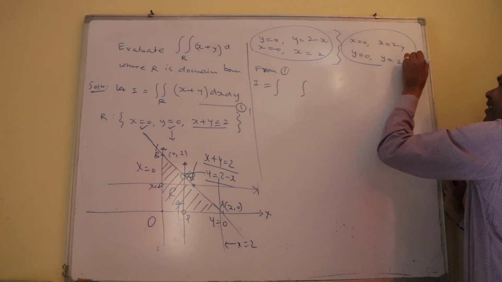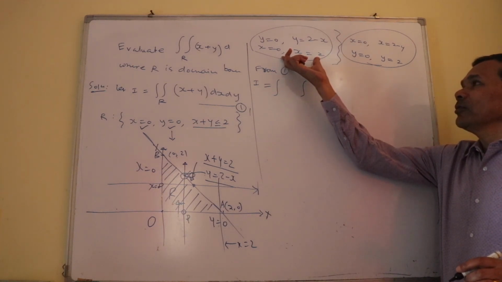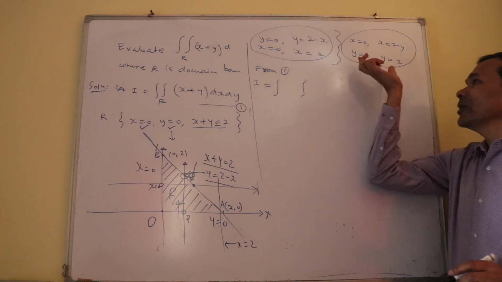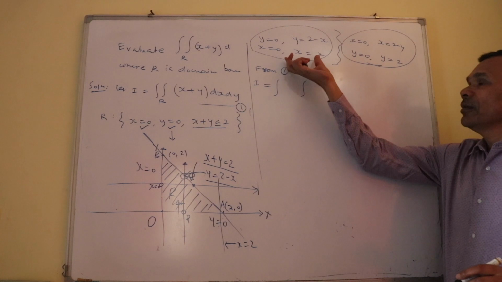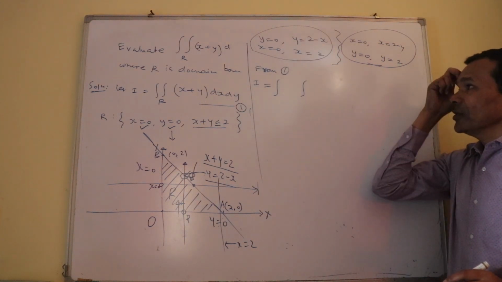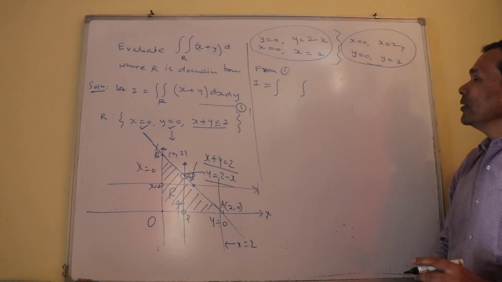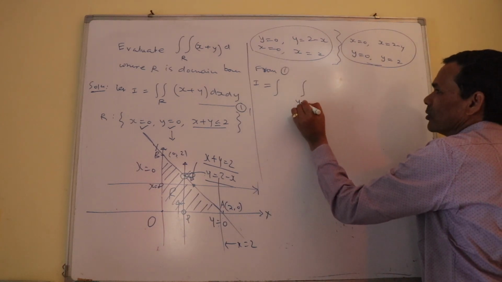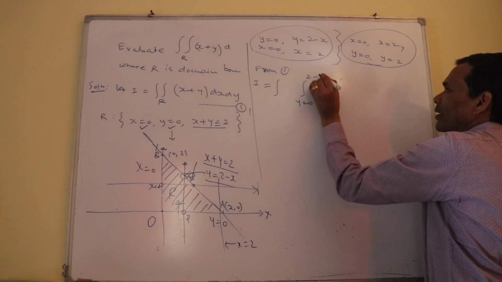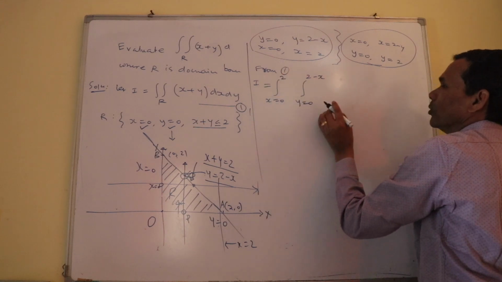So you have the option. This is for the vertical strip, and this is for the horizontal strip. Now here you need to integrate with respect to y first, because y has variable limits. And in the second case you need to integrate with respect to x first, because x has variable limits. So I consider these limits: y is equal to 0 to 2 minus x, and x is equal to 0 to 2.